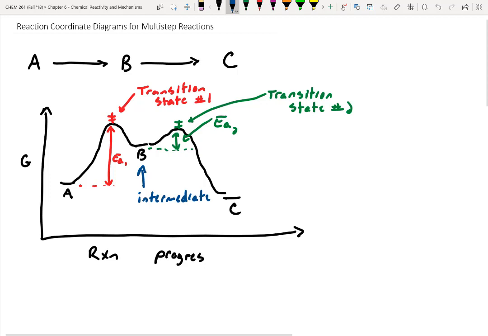All right, so now the question is, when we're looking at this reaction, what's the rate limiting step? Is it A going to B or B going to C? A going to B, right? So when we're going from A to B, we have the bigger hill to climb. That immediately means that EA1 is going to be our rate limiting step.